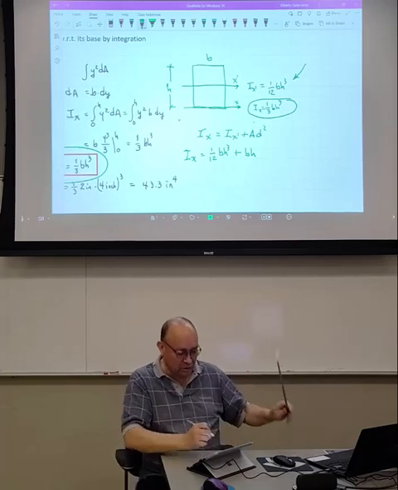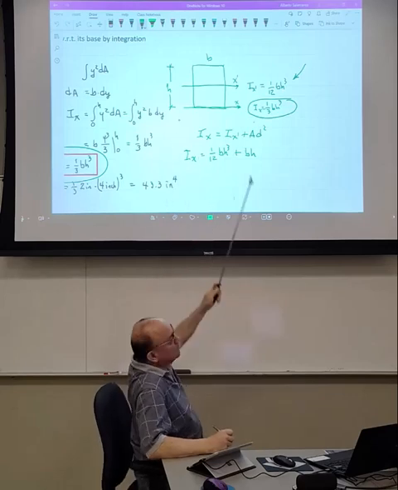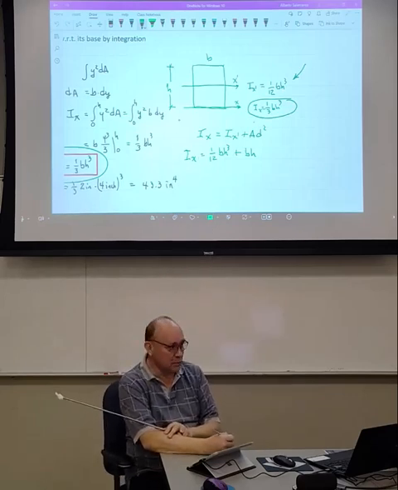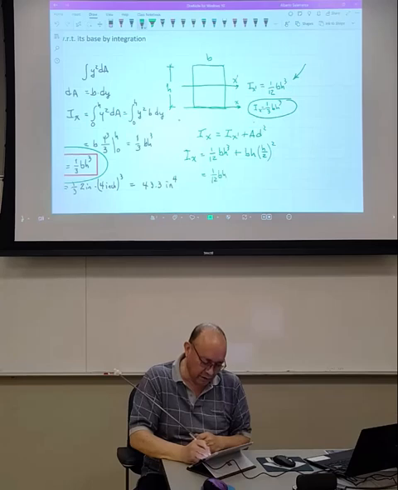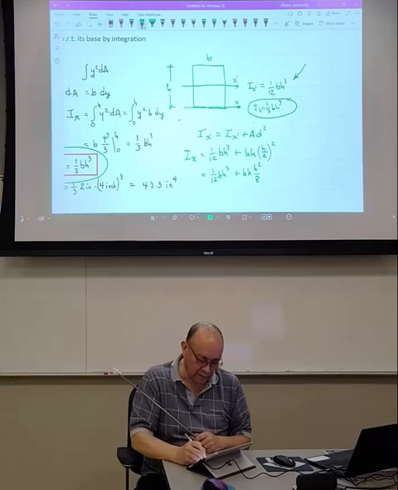What is the distance between those two parallel axes? h/2, squared. So this is equal to 1/12 b h cubed plus b h times h squared over 2 times 2, which is 4 in the denominator, sorry, 8. So this is equal to b h cubed times 1/12 plus 1/8.